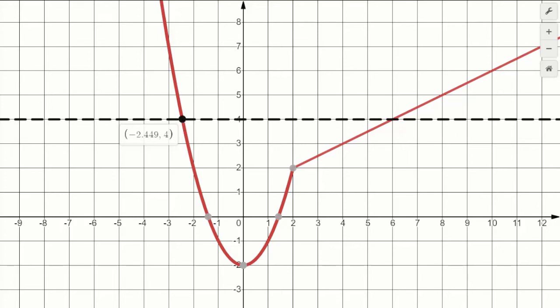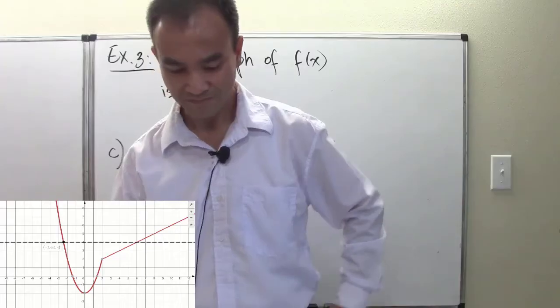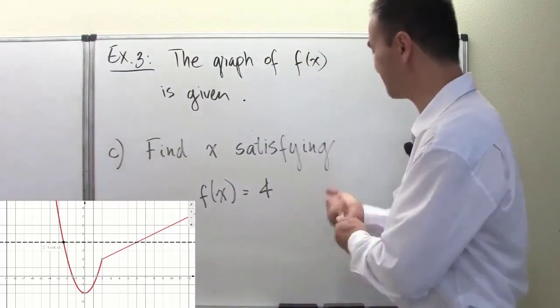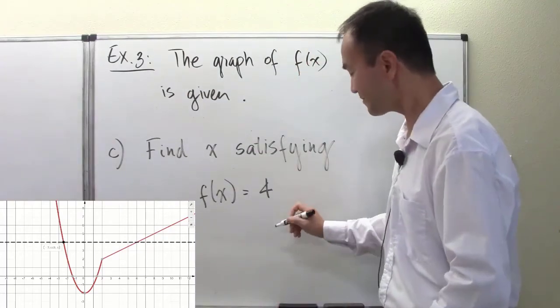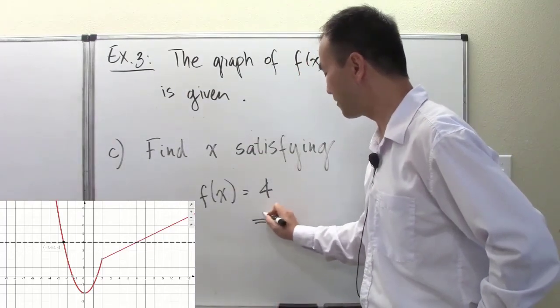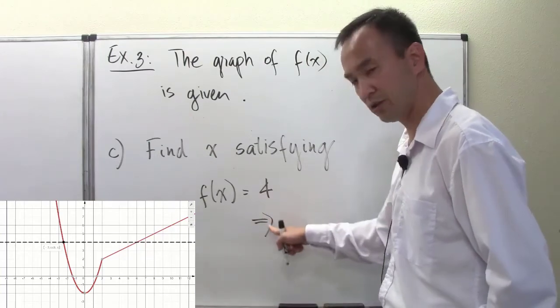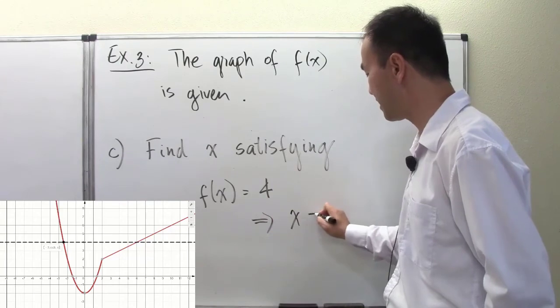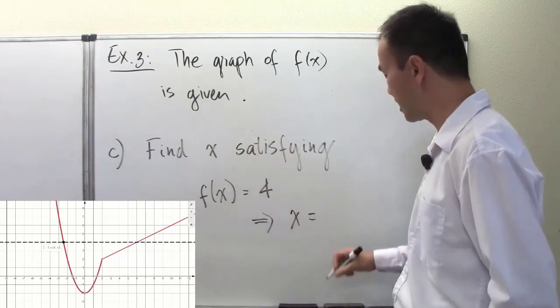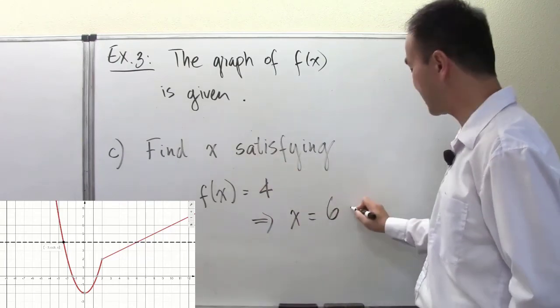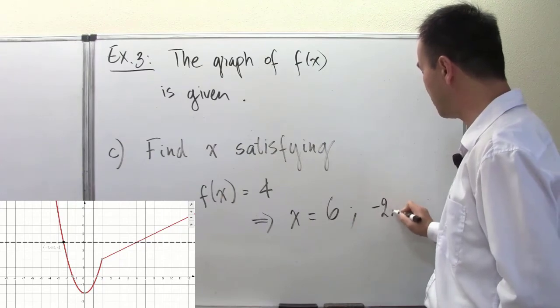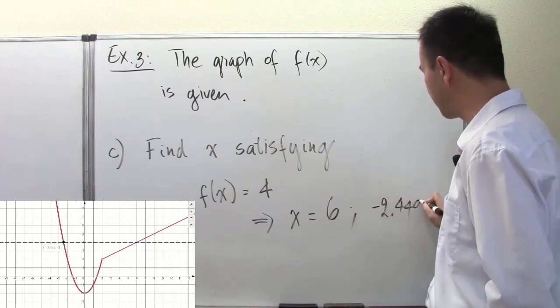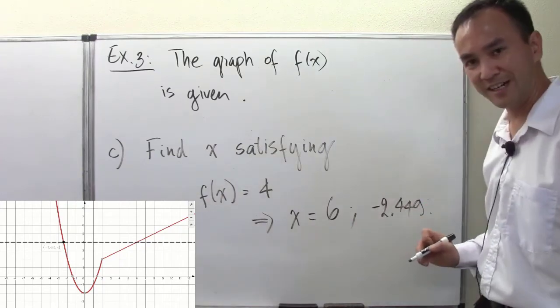So in that way, for this problem, reading from the graph, it leads to this, which is why I'm using an arrow over here. One value we found satisfying is x equals 6, and the other one is about negative 2.449, and that's about the best we can do.